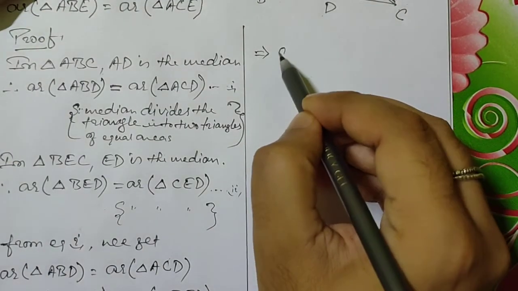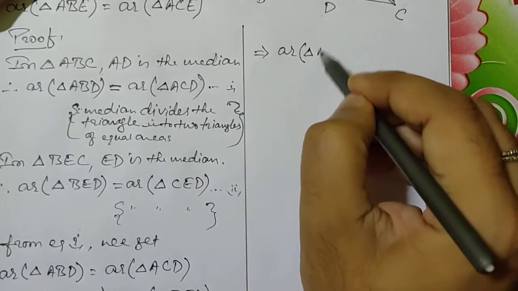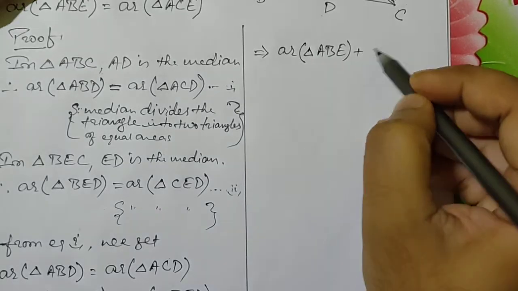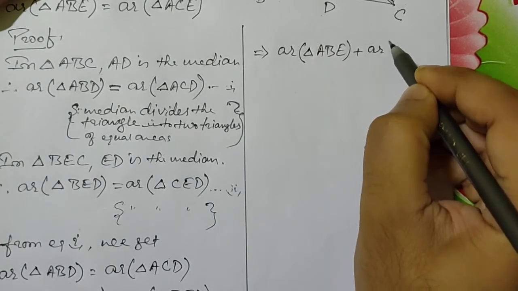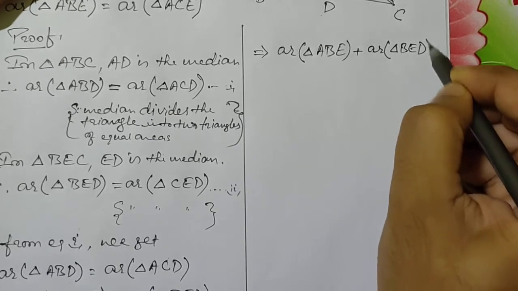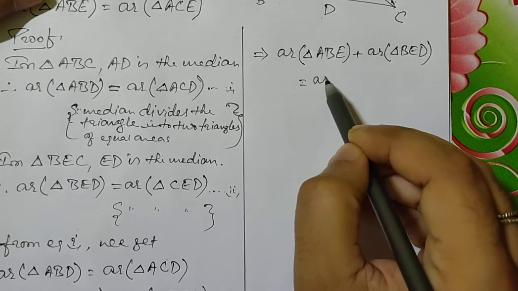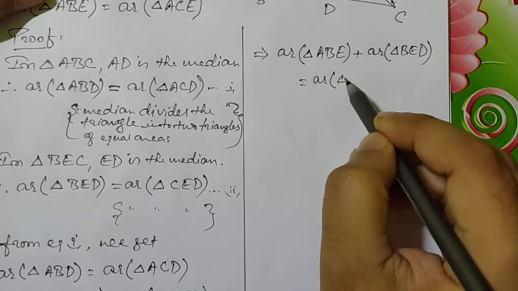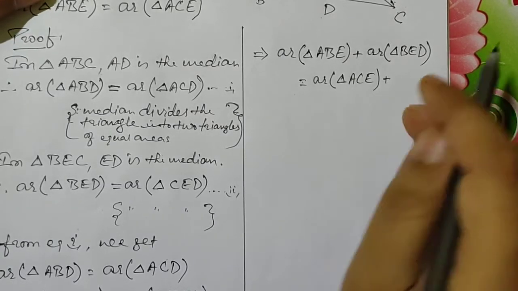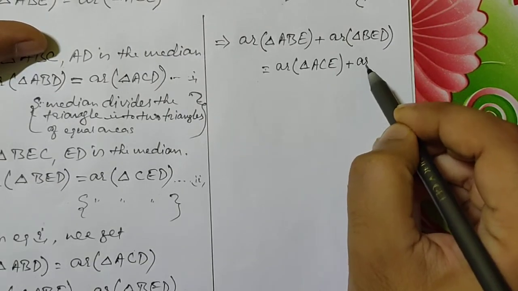So let us write area of triangle ABE plus area of triangle BED. We are not going to make any changes in ABE or BED, just leave them as they are. In the RHS, equals area of triangle ACE, leave it as it is, plus, in place of area of triangle CED, just write area of triangle BED.